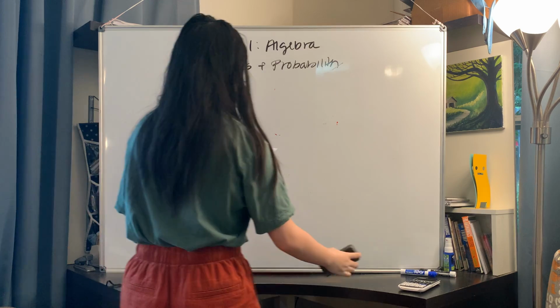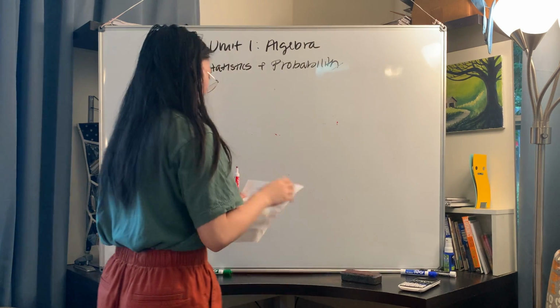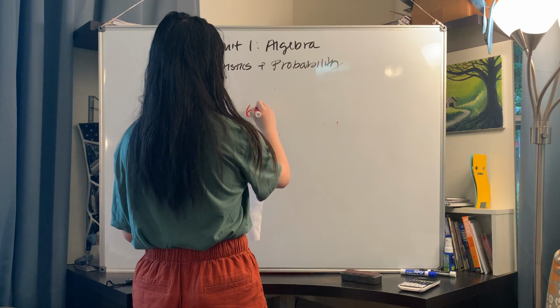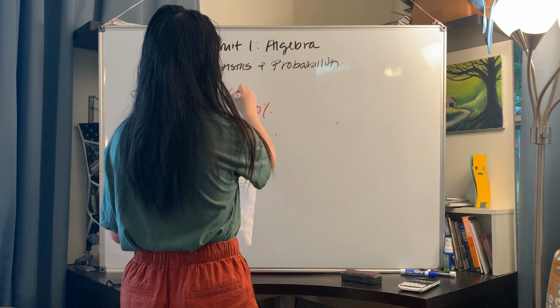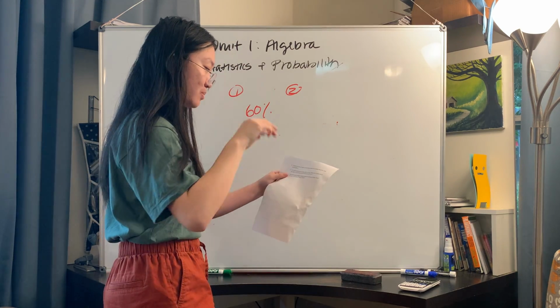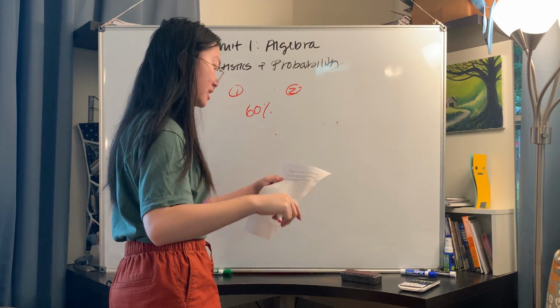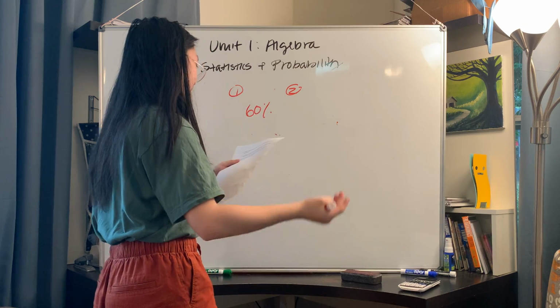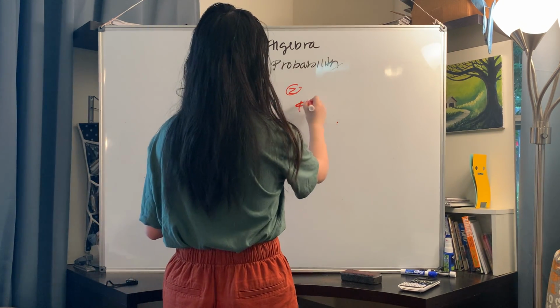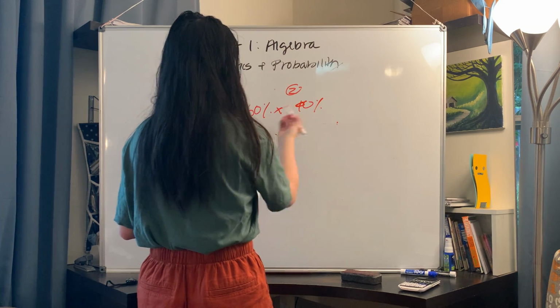So the probability that her first spike on a given point is returned is 60%, right? So we have 60%. That's our first event. But our second event is that her second spike is not returned. And the probability that her second spike is not returned is 40%. So we just multiply these two together.